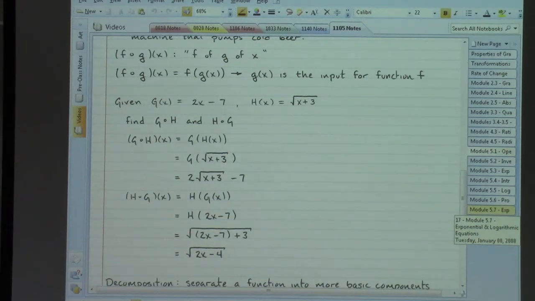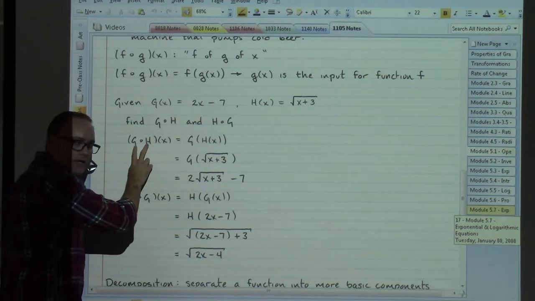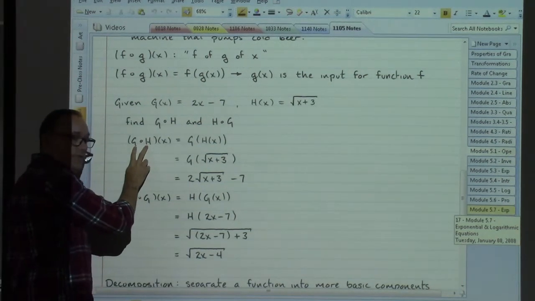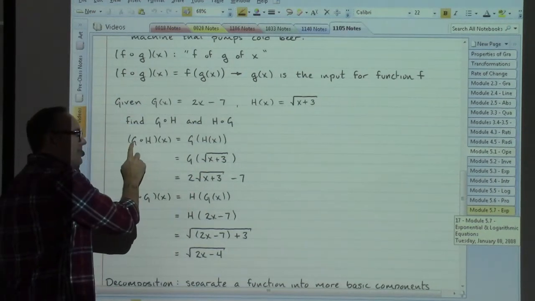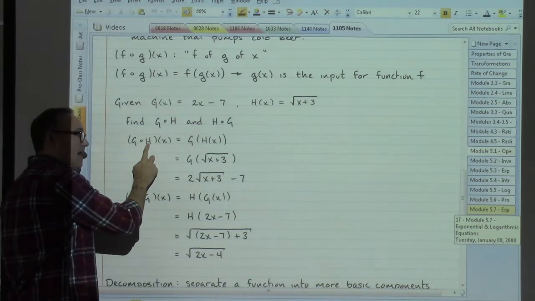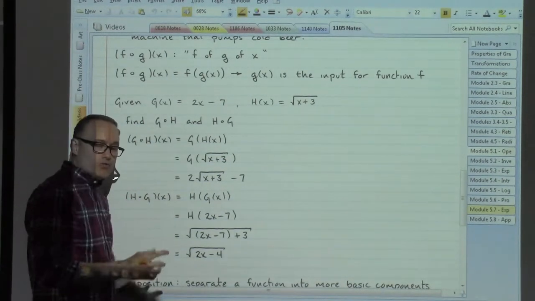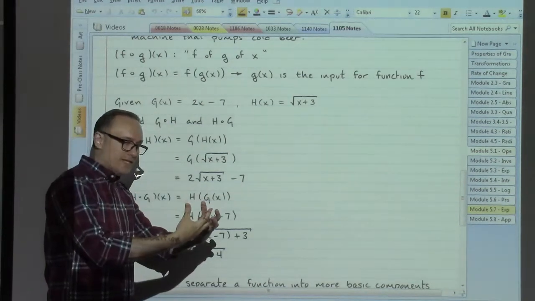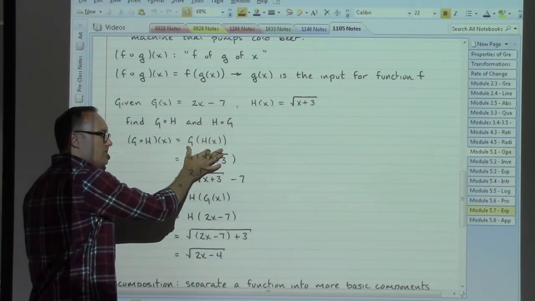So when we look at this notation, it's telling us what kind of order there has to be to putting things inside of one another. The capital G is on the outside, so that means that capital H is on the inside. Capital H function is going to get put inside of our capital G function. So capital G of capital H of x.